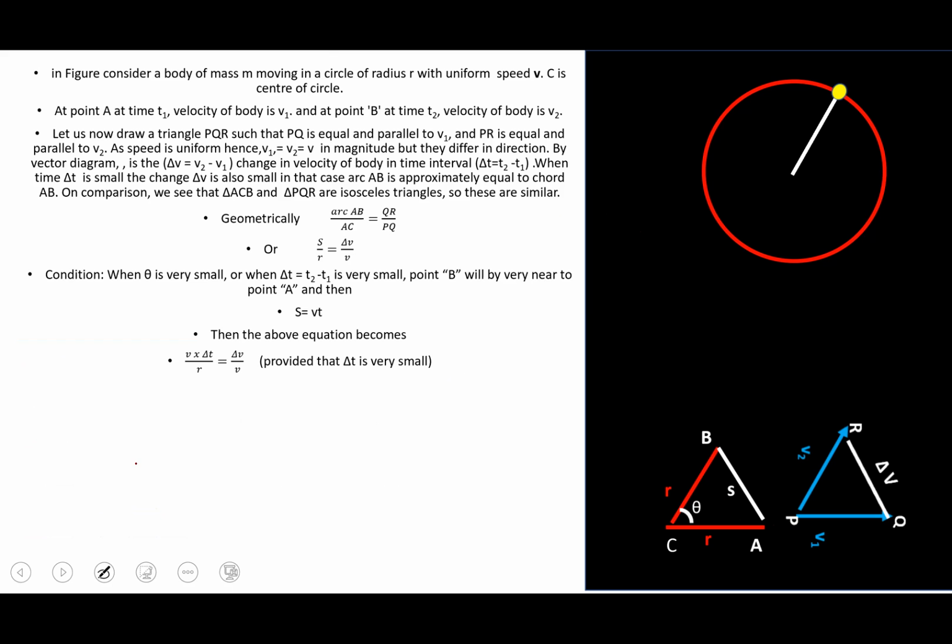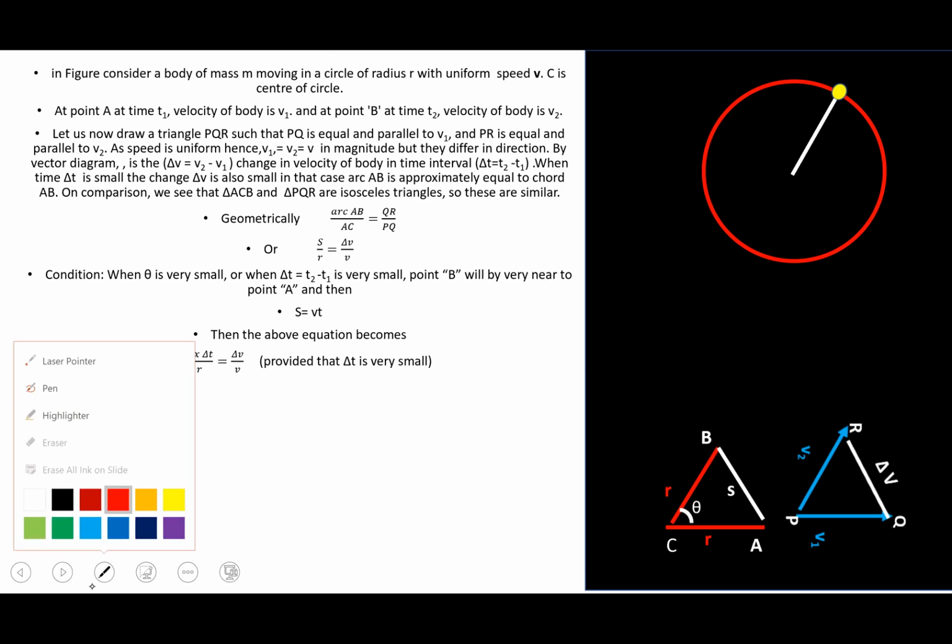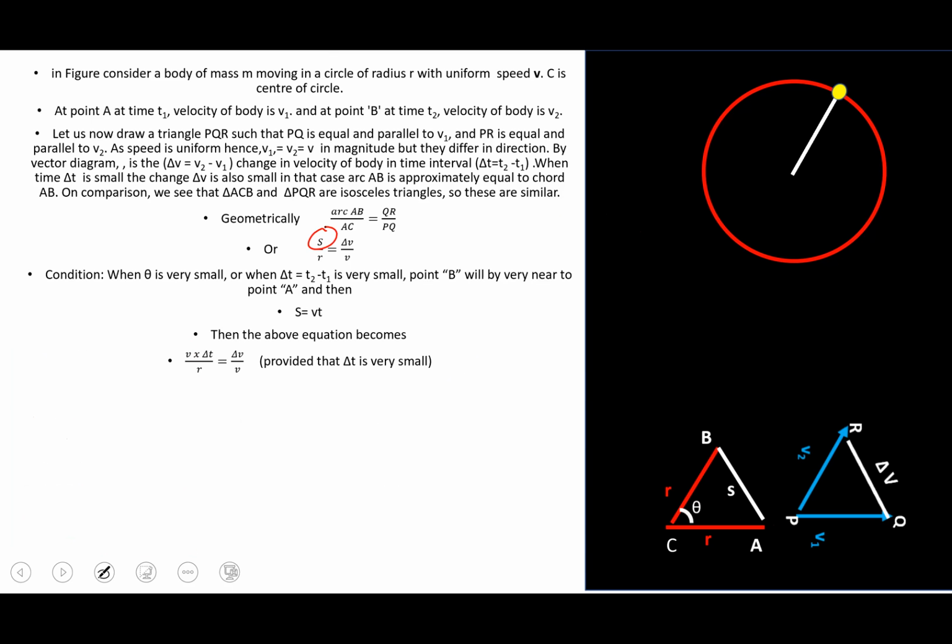Instead of S we can write V into delta t, divided by R, is equal to delta V divided by V, provided that delta t is very small.